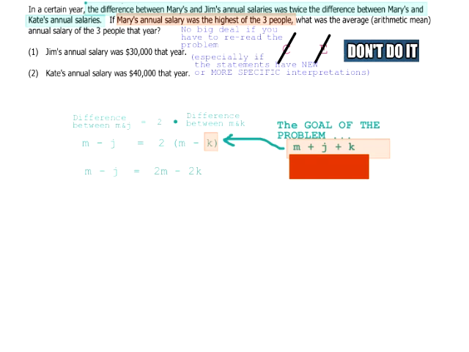Well, let's simplify. We can get that M out of there. Subtract M from both sides. All right, I can move J to that side. And then I want plus K.